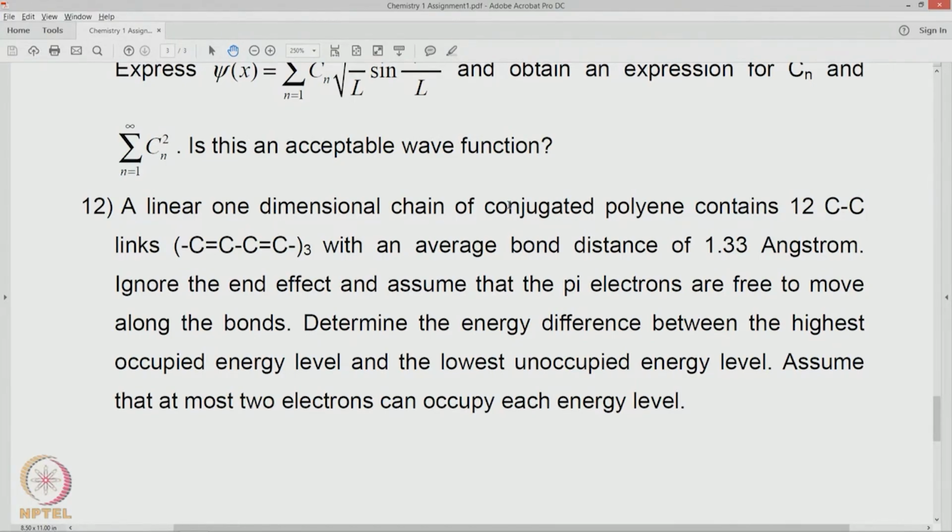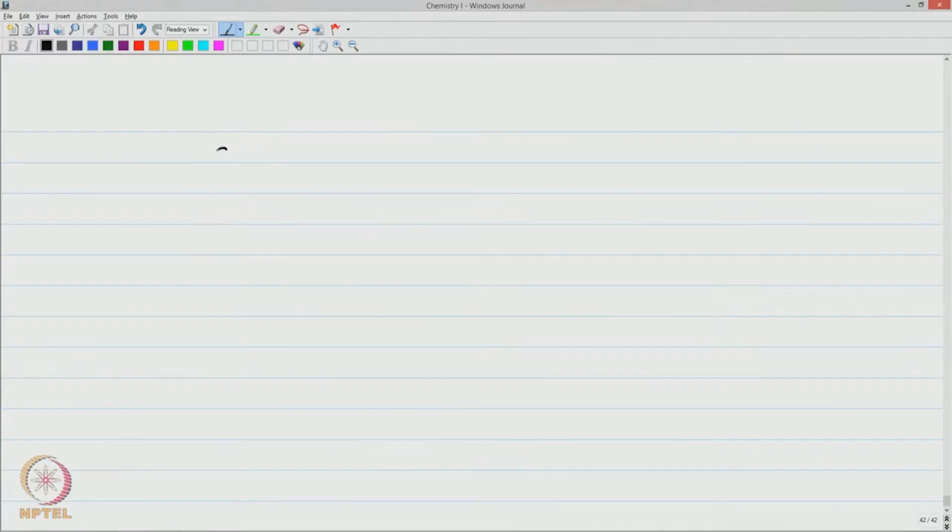It contains, in this case, 12 carbons: C double bond C, single bond C, double bond C, repeated 2 more times. So, you have 1, 2, 3, 4, and another 8 carbons. The entire sequence is C double bond C, single bond C, double bond C, then C double bond C, single bond C, double bond C, and once more.